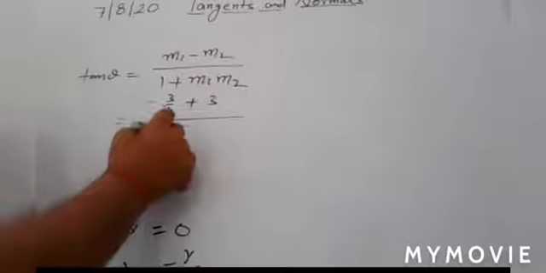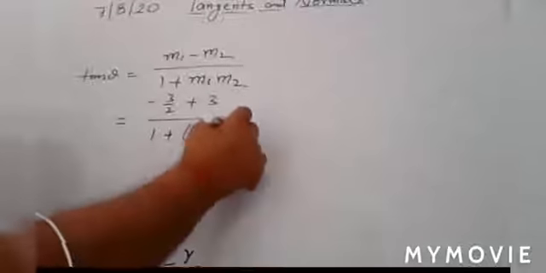Putting its value, m1 is minus 3 by 2 plus 3 upon 1 plus minus 3 by 2 into minus 3.